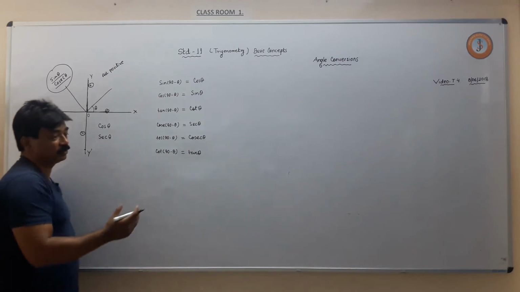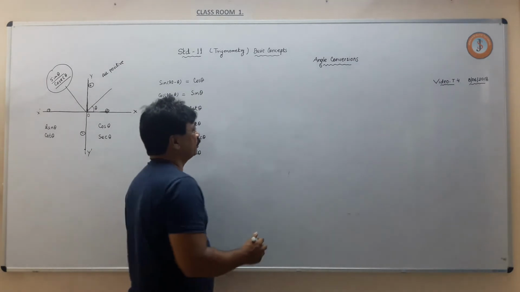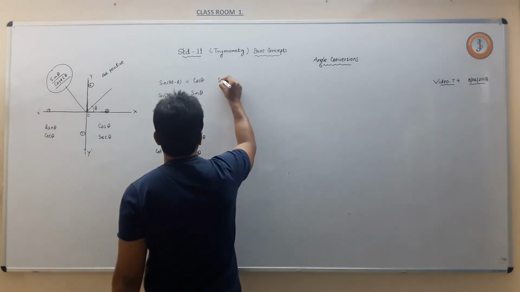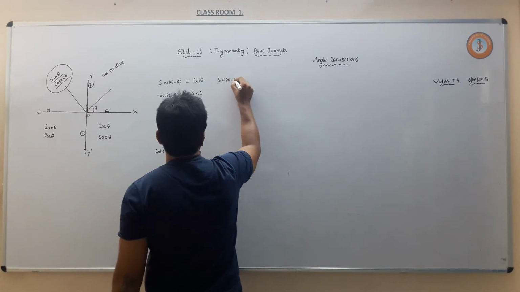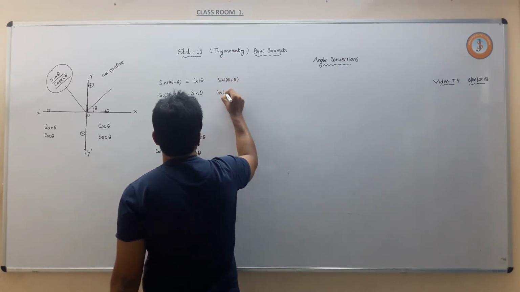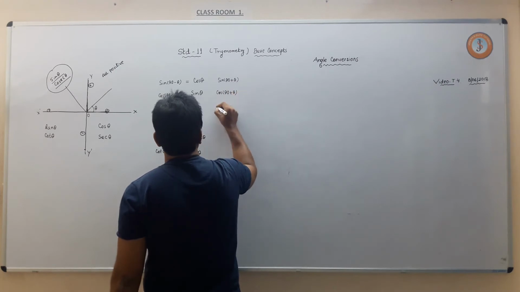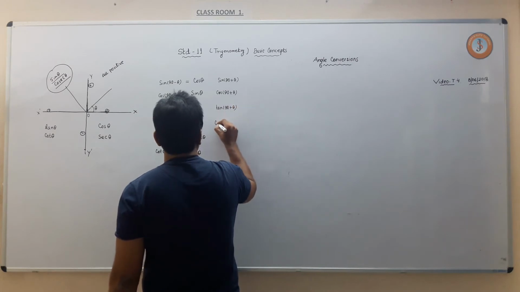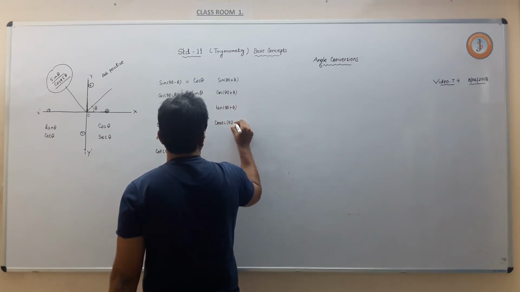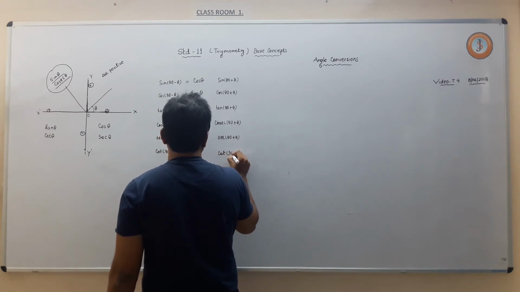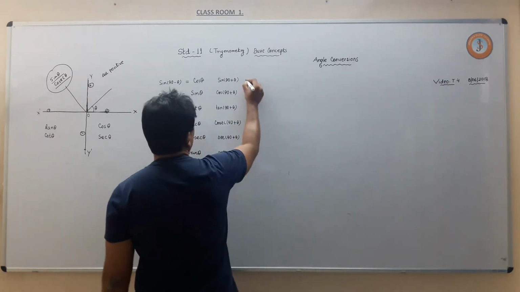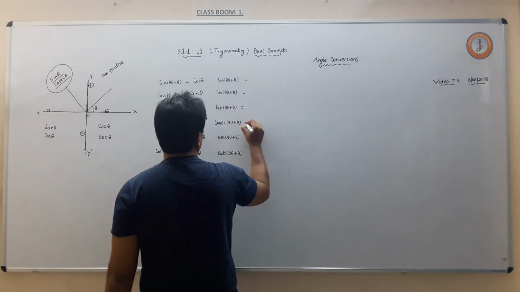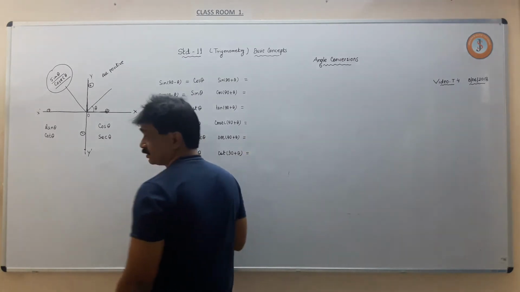Now this will remain as your base. Whenever there will be an odd multiple of 90 with sine or cos or any trigonometric ratio, the ratio will change to its complementary ratio. But now, as soon as we are entering 90 plus theta, we are moving to the second quadrant.